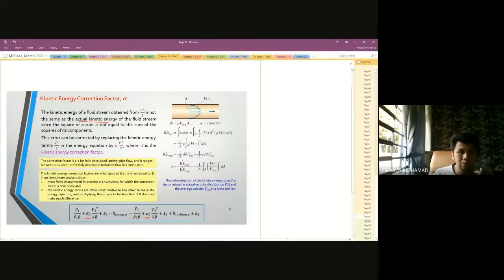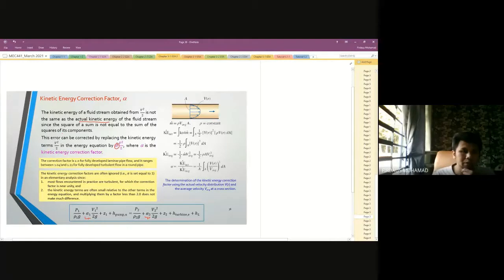Okay, so V square ni tak sama dengan the sum of square for its component. Component ni apa? Component x, component y, component z direction. So this error can be corrected by replacing the kinetic energy terms V squared over 2 in the kinetic energy equation by multiplying by alpha. Okay, so where alpha is the kinetic energy correction factor.